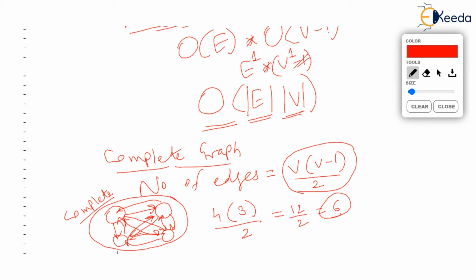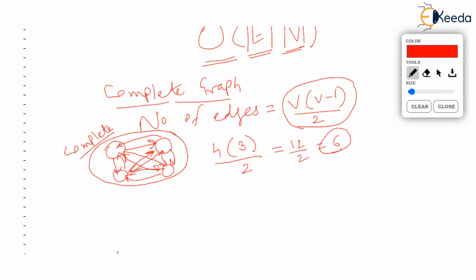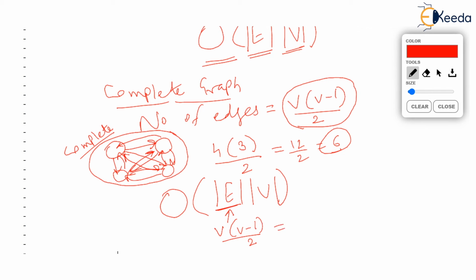So in that case, if we have a complete graph, then you know that Bellman Ford works in the big O of E, V, number of edges and number of vertices, but number of edges in a complete graph is V into V minus 1 by 2. So this comes out as V square minus V upon 2.